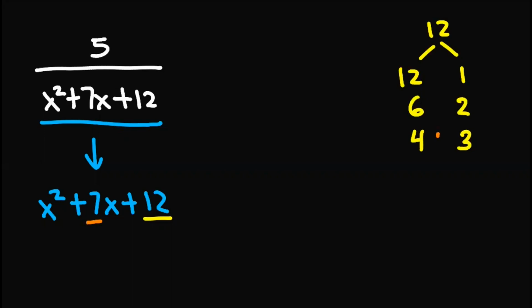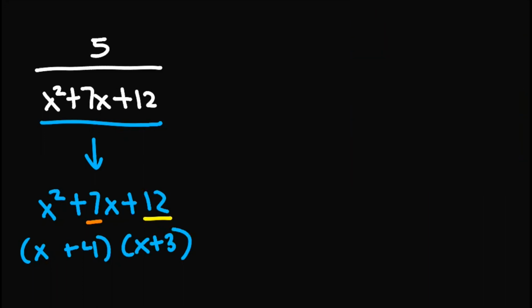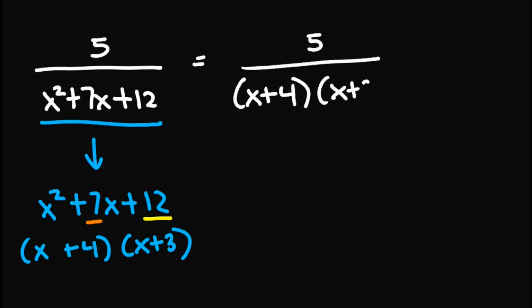Clearly, it is 4 plus 3. So we factor this one as x plus 4 times x plus 3. So we now write this one as 5 over x plus 4 times x plus 3.